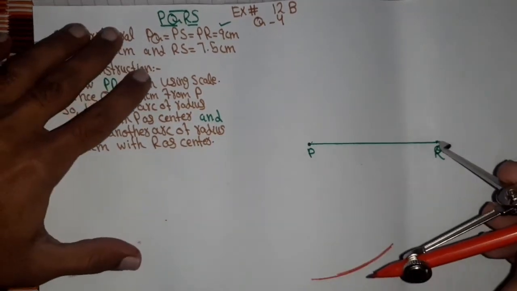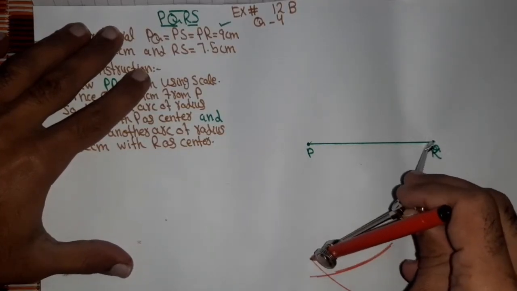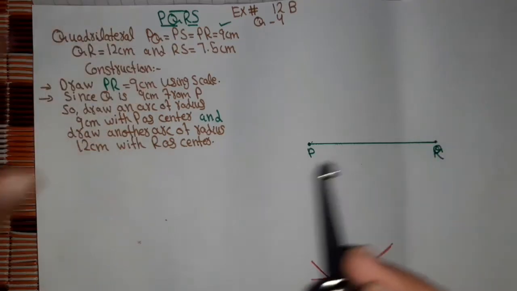So this is point R and this is the 12 centimeter arc.